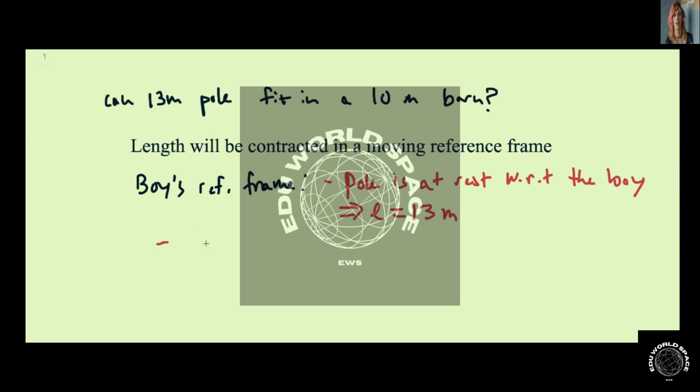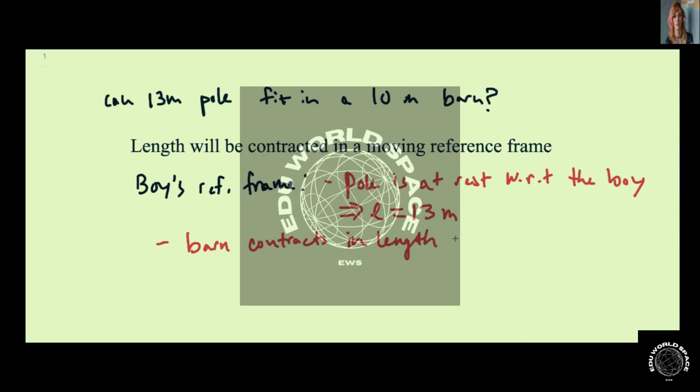However, the barn contracts in length because, again, in a moving reference frame, length will be contracted. So the barn is not at rest with respect to the boy because the barn is not moving with the boy. So it appears to the boy as if the barn is moving.